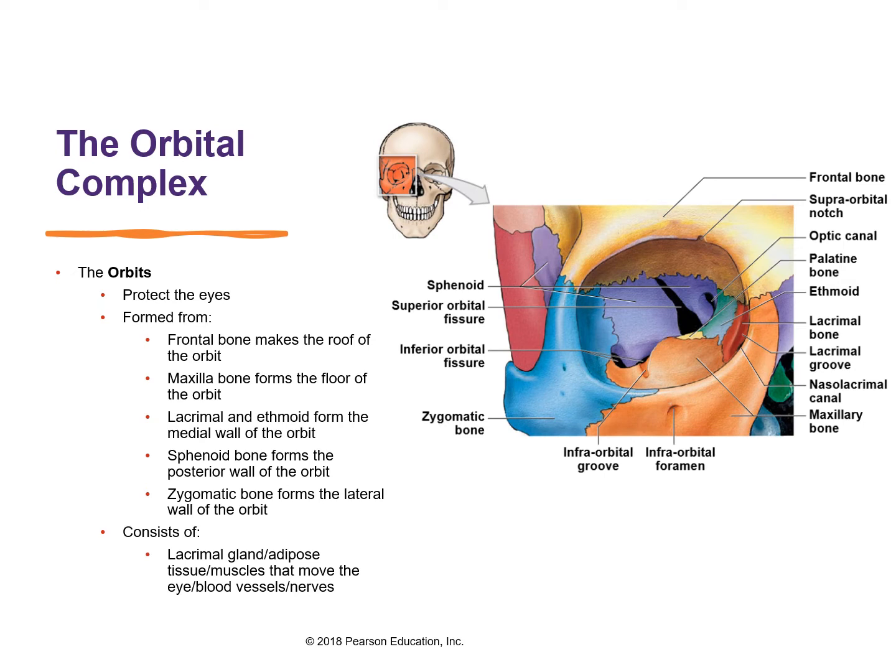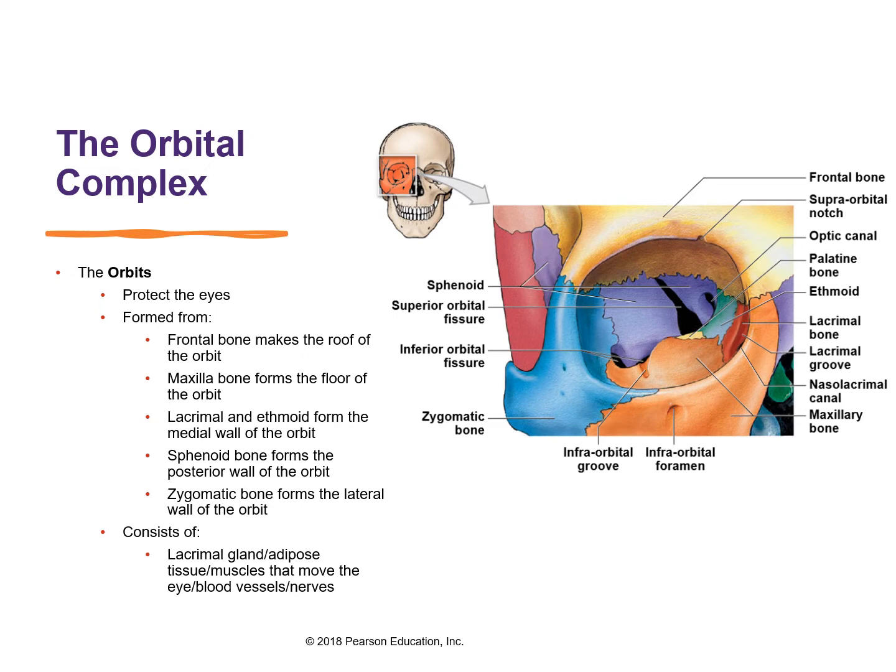We have the orbital complex. Okay. So the orbits are these bony recesses that enclose and protect the eyes. In addition to the eye, each orbit also contains a lacrimal gland, adipose tissue, muscles that move the eye, blood vessels, and nerves.